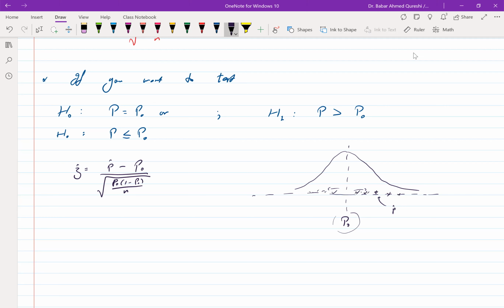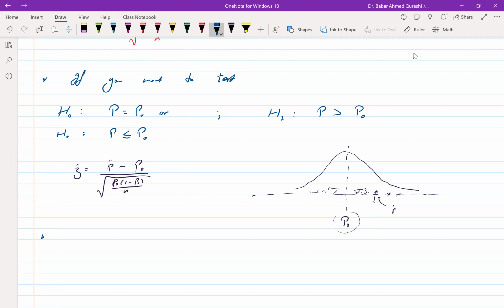Or it could be that P naught is not actually situated here; P naught is bigger, somewhere here. So in other words, I will be failing the test if I see a value of P hat much bigger than this claimed value P naught.